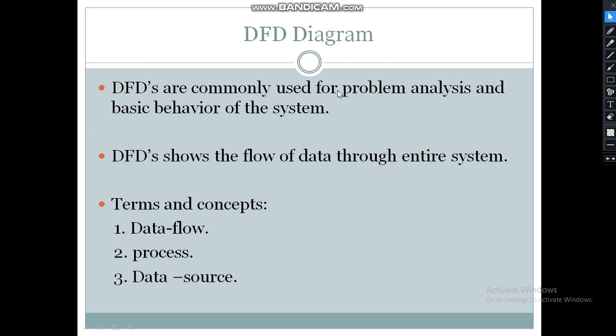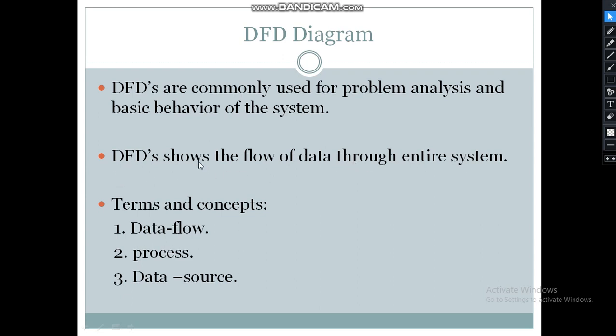DFDs are mainly used for problem analysis and for the basic behavior of the system. How the system executes and how it performs actions is clearly represented using the DFD diagram. A DFD shows the flow of data through the entire system.